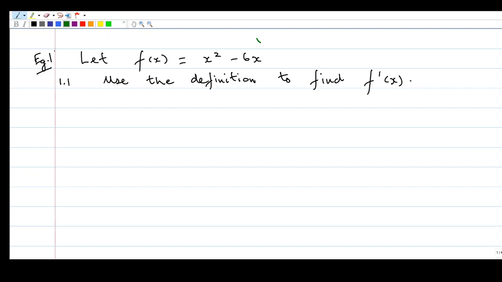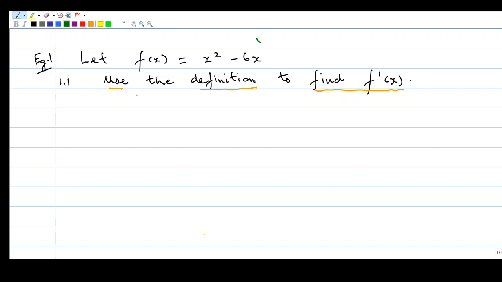So first example, 1.1, use the definition to find f prime of x. In other words, we need to work out f prime of x from first principles. So we are given what f of x is, the rule for f of x.